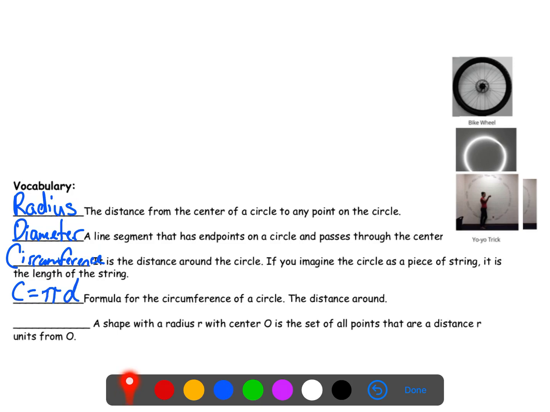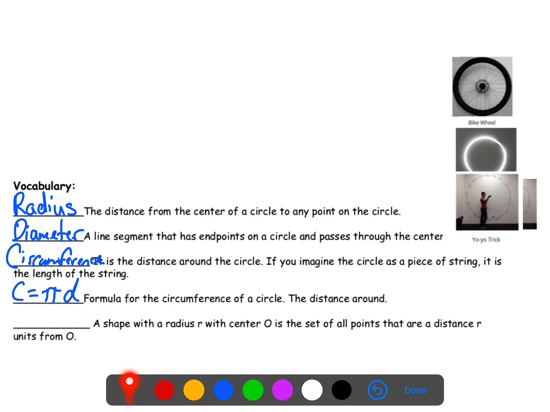Now that might sound incredibly foreign to you. You may have heard of pi, and we're not talking about the delicious baked good. We are talking about a mathematical number here, but we will talk much more about that tomorrow. I just want you to have this here in these important notes about circles, and it will all come together as we continue. We won't be using that today.